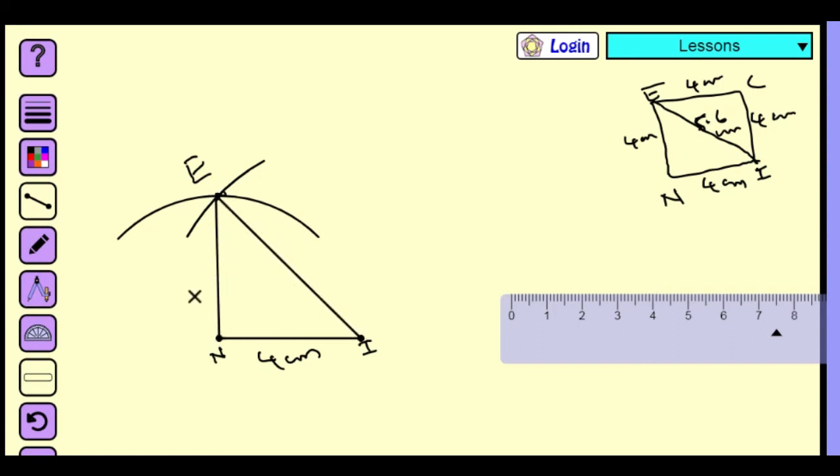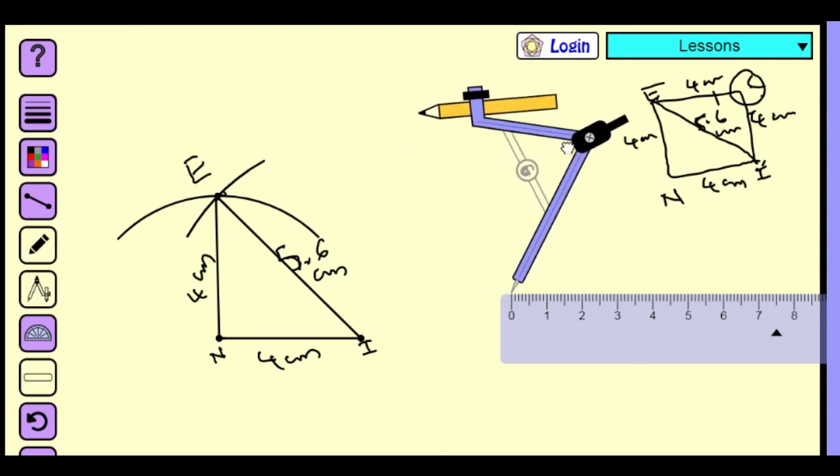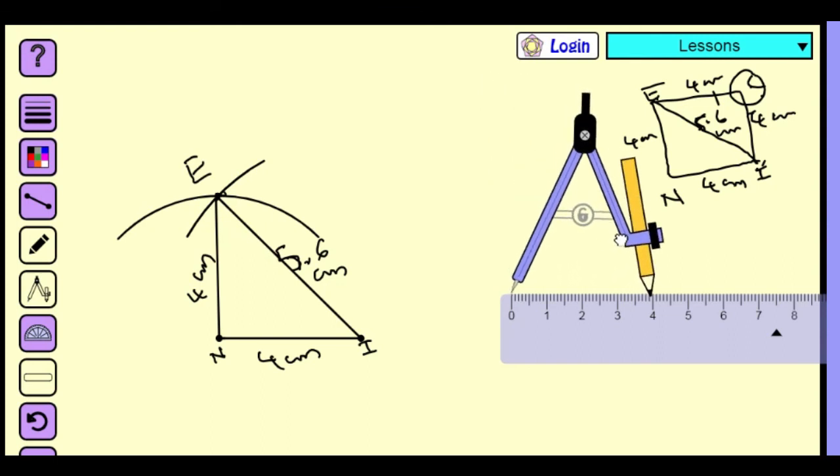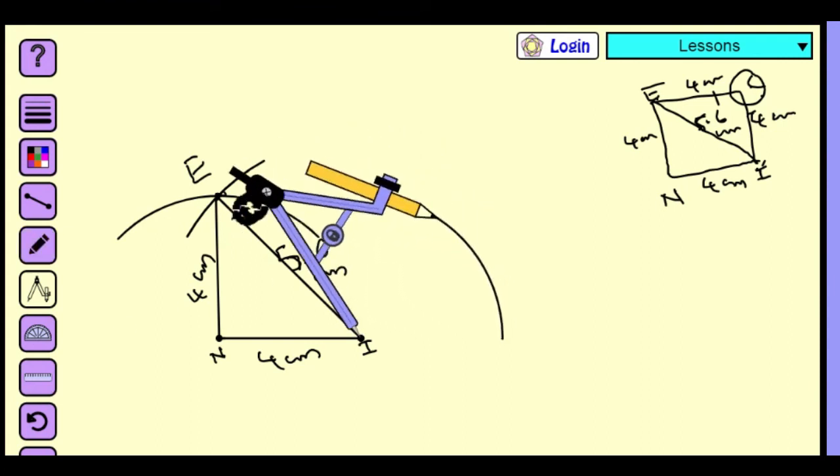Now we have the required triangle NIE. Now write the lengths, that is 4 centimeters and E to I 5.6 centimeters. Now we are going to locate the point C here. E to C and I to C are also 4 centimeters. So let's take the compass radius as 4 centimeters. With E as the center and a radius of 4 centimeters, draw an arc.